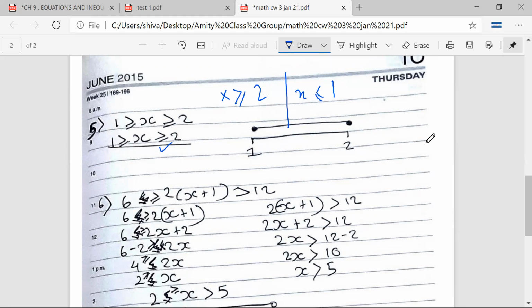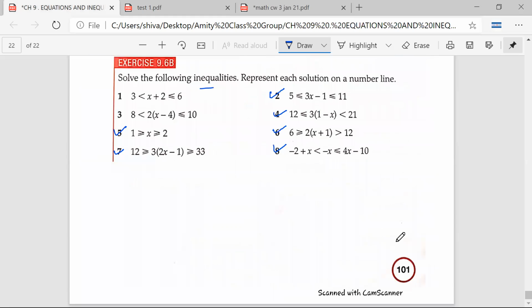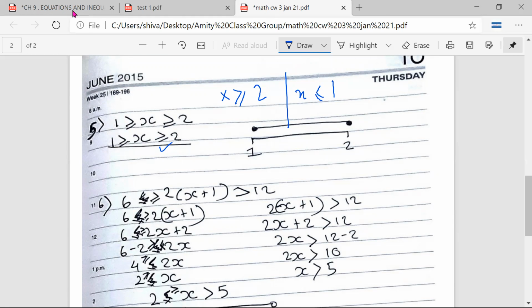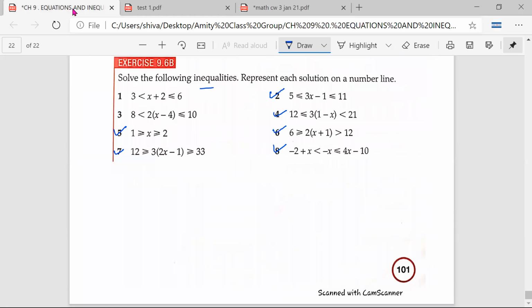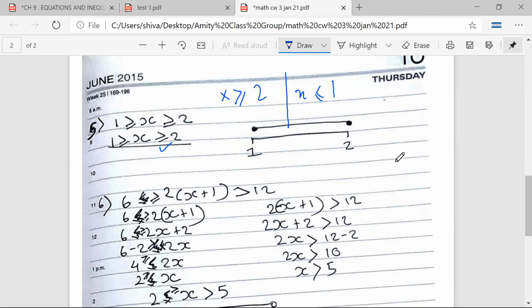So what should be the solution? Mr. Rudra, x is less than or equal to 1, greater than or equal to 2. What should be the solution?